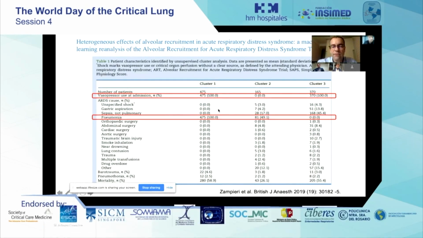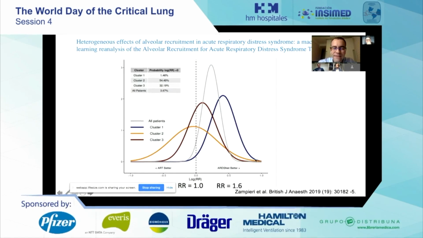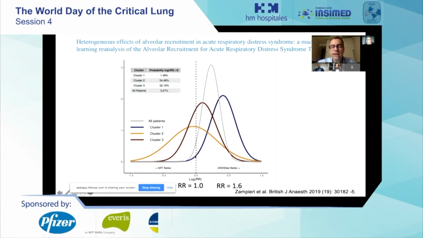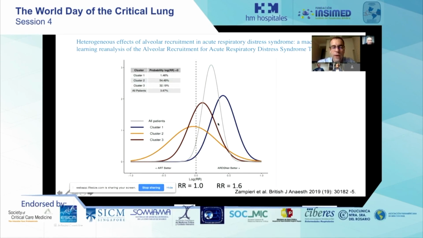We have done a reanalysis of our study and classified them in clusters. Cluster 1 was of the patients with pneumonia and hypotension, on vasopressors, and we found that basically the detrimental effect of recruitment maneuvers was restricted to these patients, in blue here in the curve, which are those patients in cluster 1 with pneumonia and shock, whereas the other patients without pneumonia or without shock had a more neutral effect or perhaps even a beneficial effect.